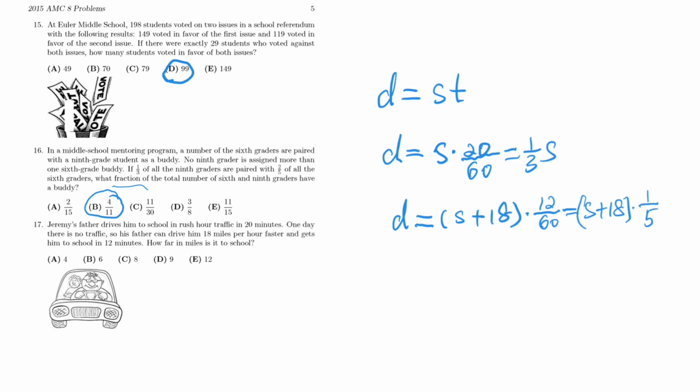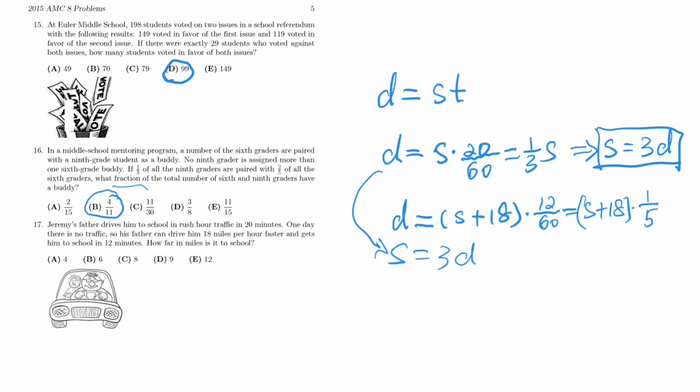Now we rewrite the first equation: speed equals 3 times the distance. From this equation, we get speed equals 3 times distance. From the second one, we get speed equals 5d minus 18.